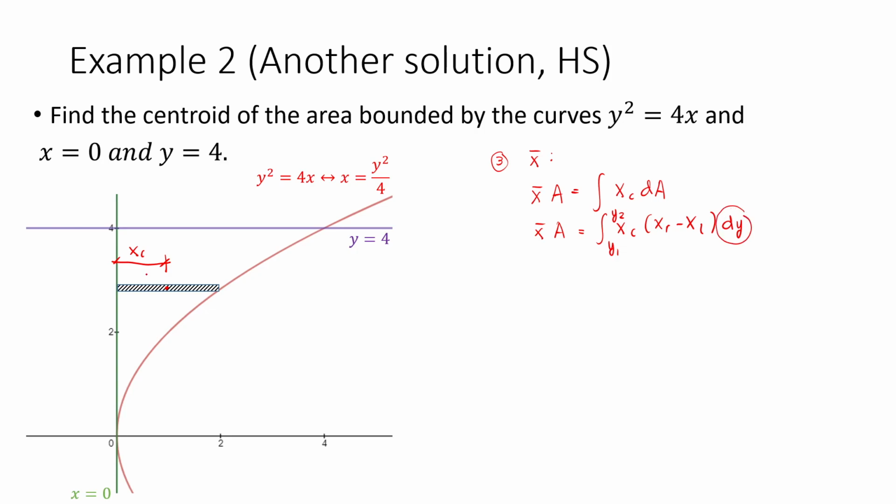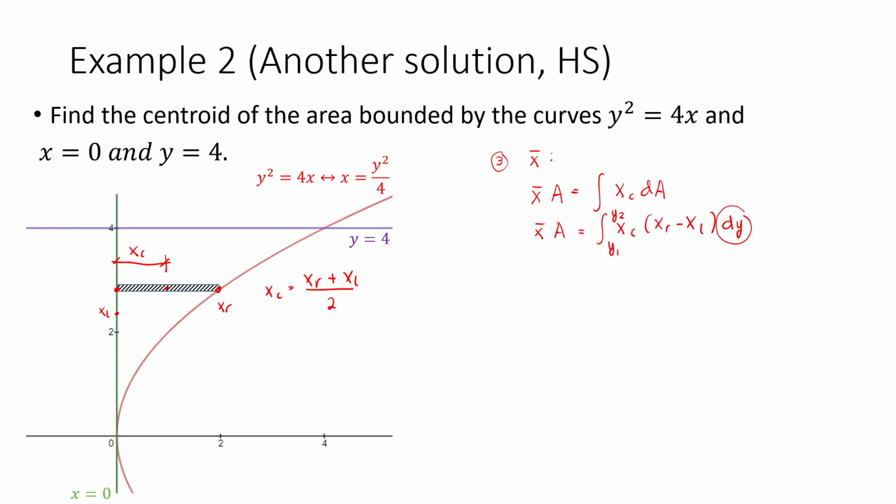So this time we're going to utilize the midpoint concept on the horizontal strip. So your x sub c, if this one is your x left, this one is your x right, meaning x sub c is equal to x right plus x left all over 2. Diba? So it's now reversed.